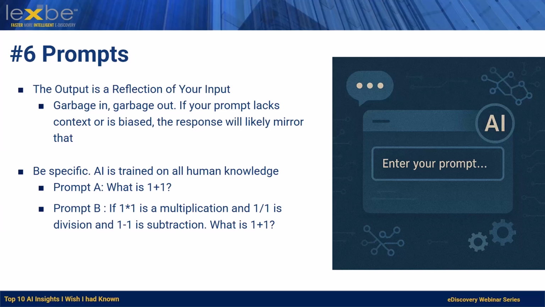It's clear the answer is that it's an addition. Again, the first one was not specific. The answer to 1 plus 1 could be that it's algebra, right? 1 plus 1 is 10 if you're talking binary. 1 plus 1 is 11 if you're talking about strings that you're putting together.